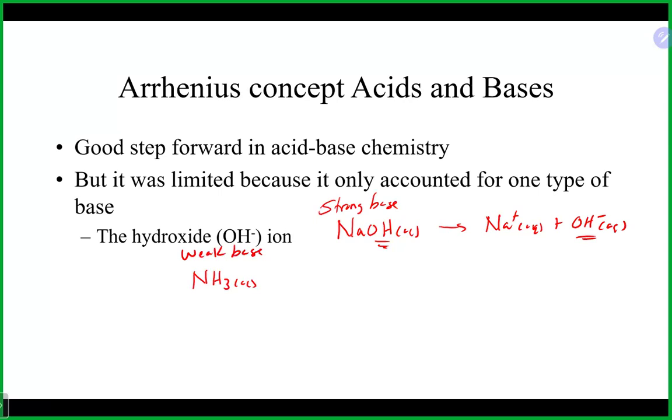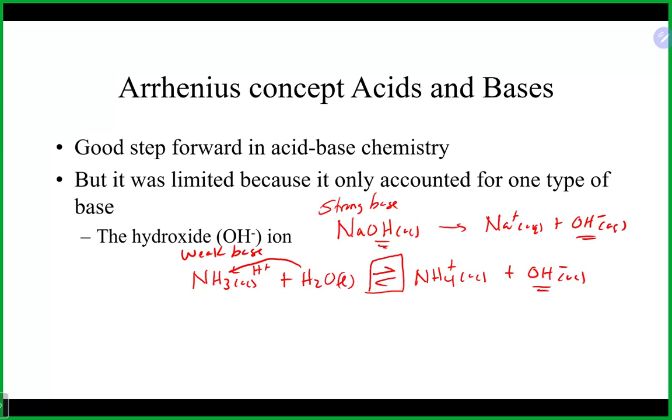And ammonia is a base because, although it does not carry hydroxide with it, when it gets near water, it will actually steal a hydrogen from water. And the result of that is it will make NH4 plus, and that water will now be turned into hydroxide. So here it's able to produce hydroxide and is considered a weak base. If you remember when we talked about weak electrolytes, we had those arrows that head in both directions.